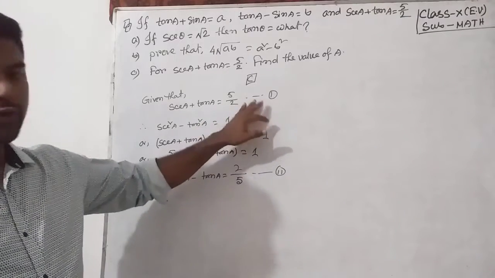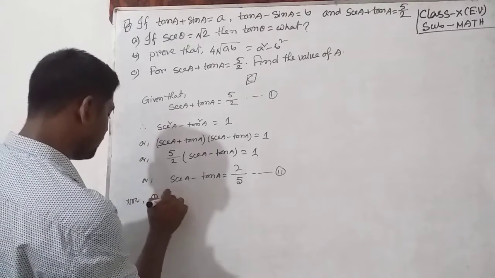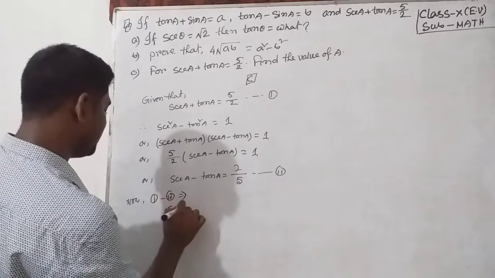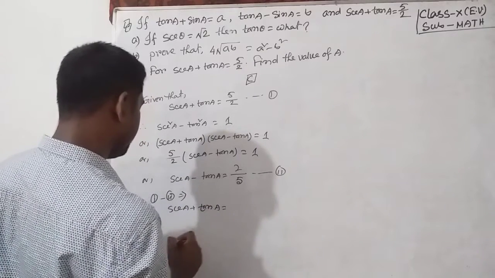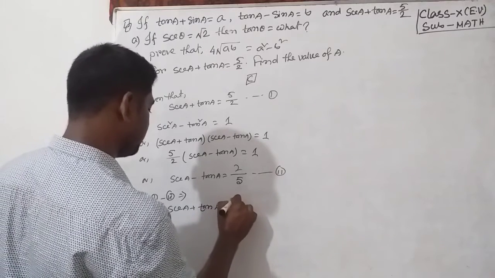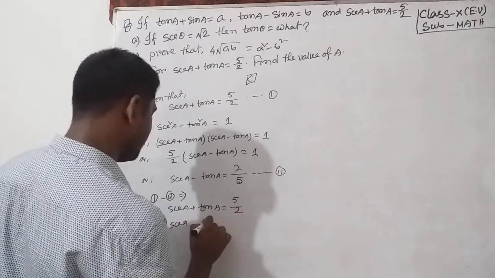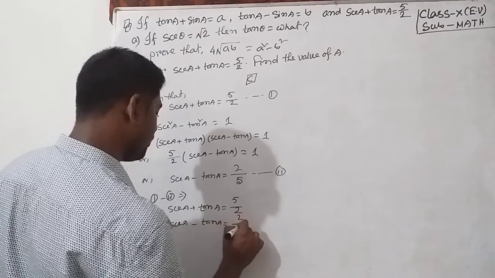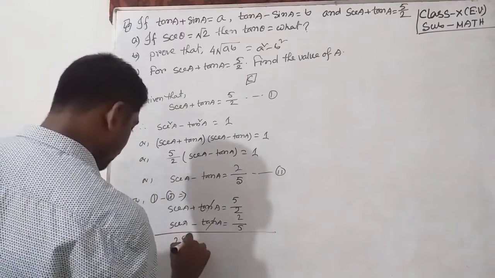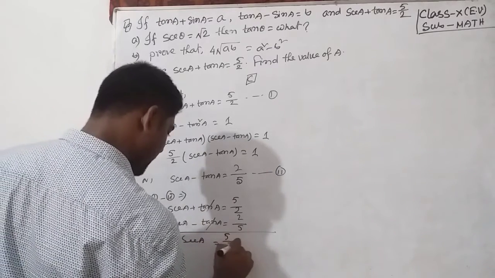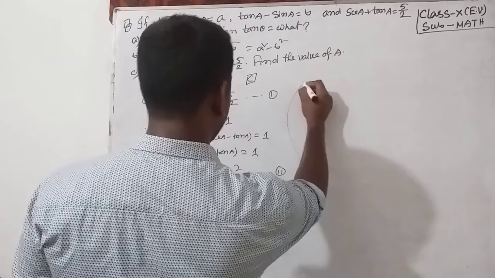When we subtract, the tan a term goes out, and it will be 2 sec a equals 5 by 2 plus 2 by 5.